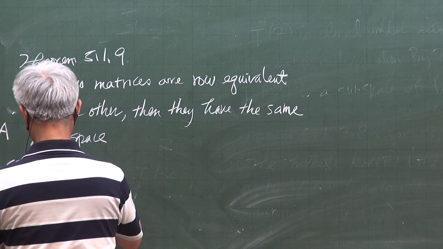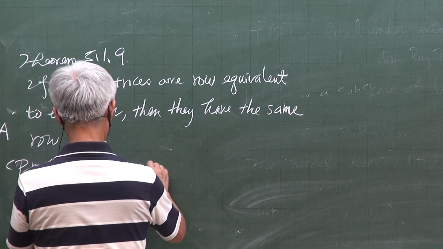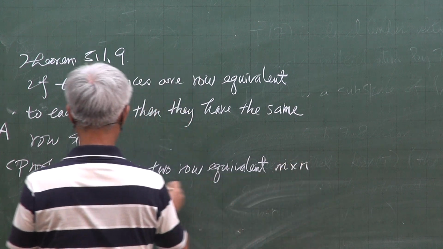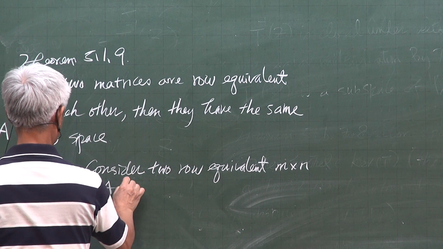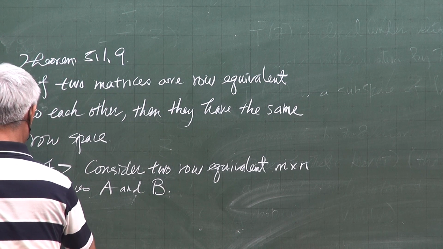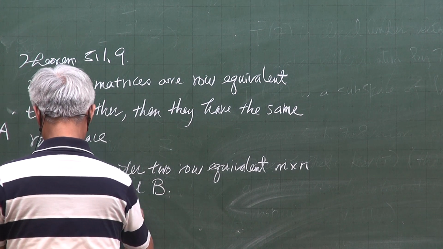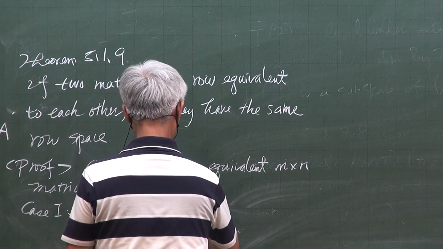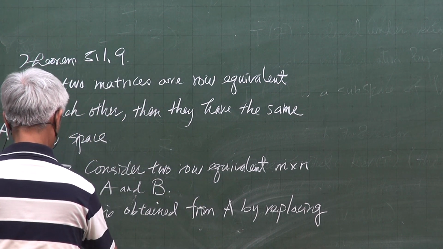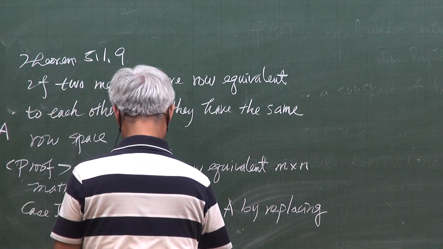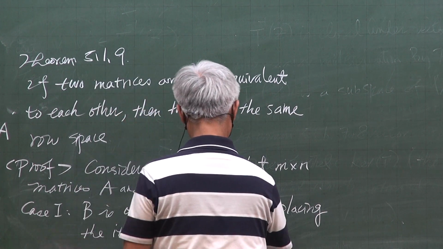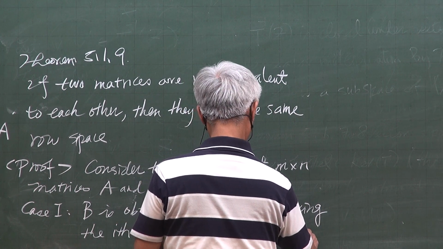Alright, so consider two row equivalent M times N matrices A and B. In case 1, B is obtained from A by replacing the ith row Ri of A with Ri plus alpha Rj.